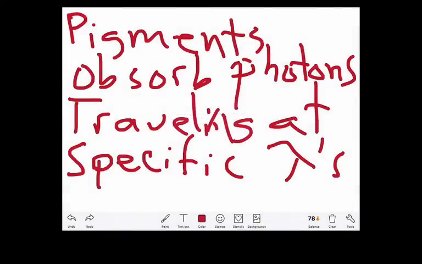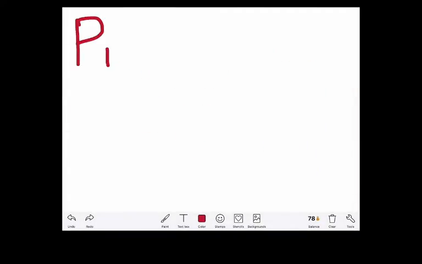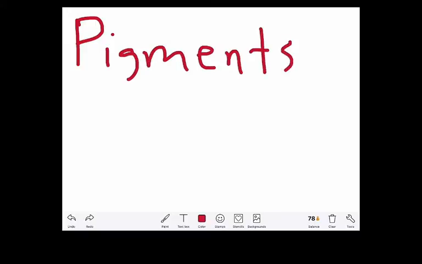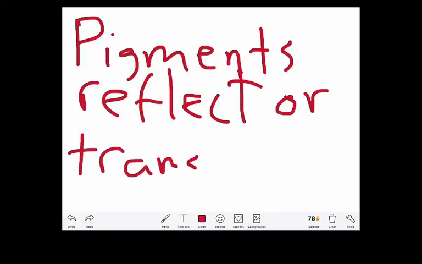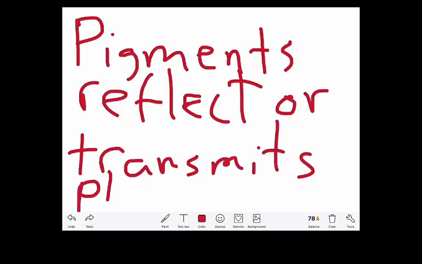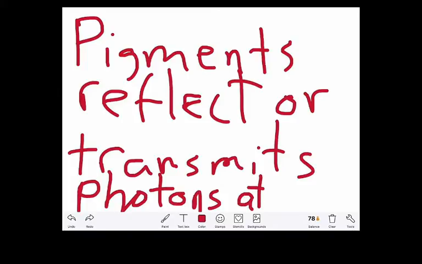At the same time, pigments reflect or transmit, meaning it goes right through it, photons at other wavelengths.